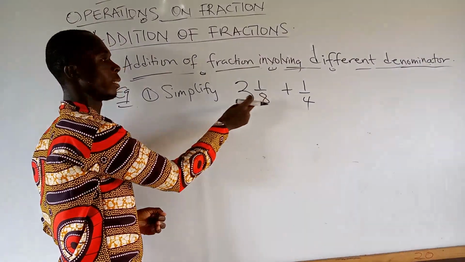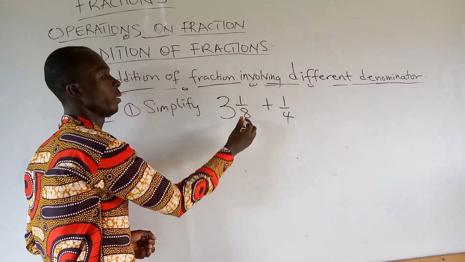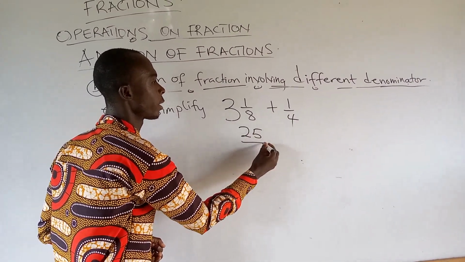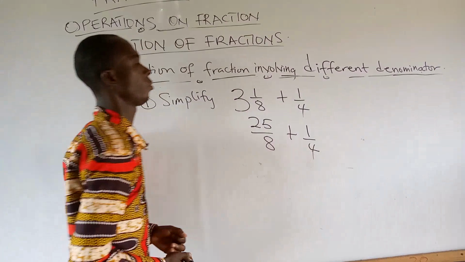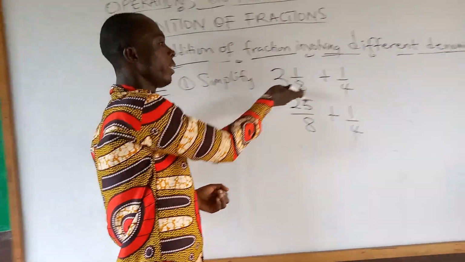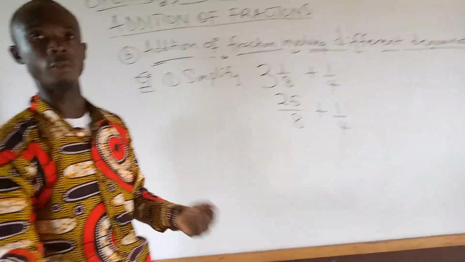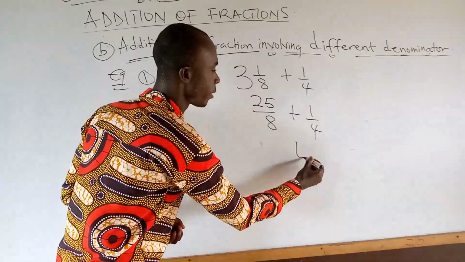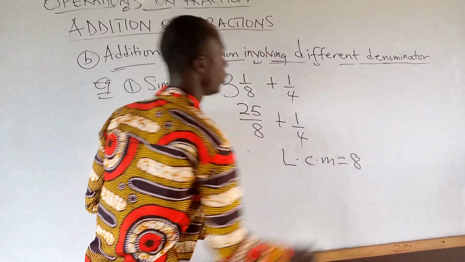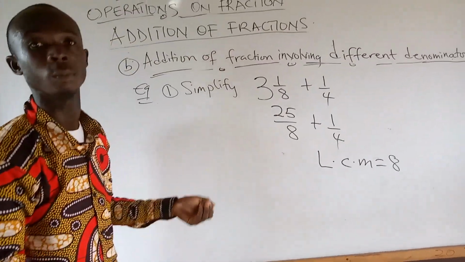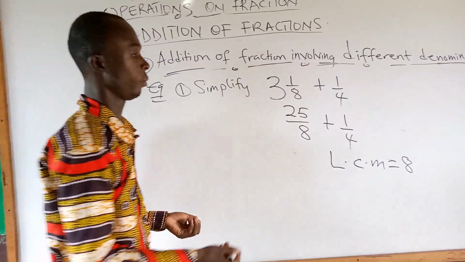So 8 by 3 is what? 24 plus 1, 25 over 8, plus 1 over 4. Because once you don't change this one to improper fraction, you cannot solve it. So the LCM is what? 8. Because your least common multiple will be 8 once you use my method.